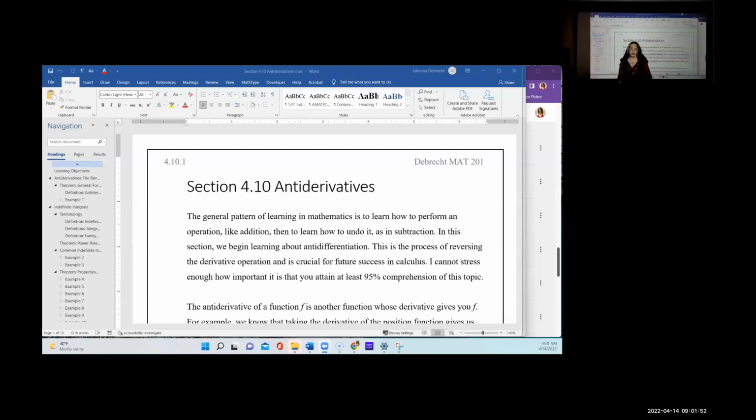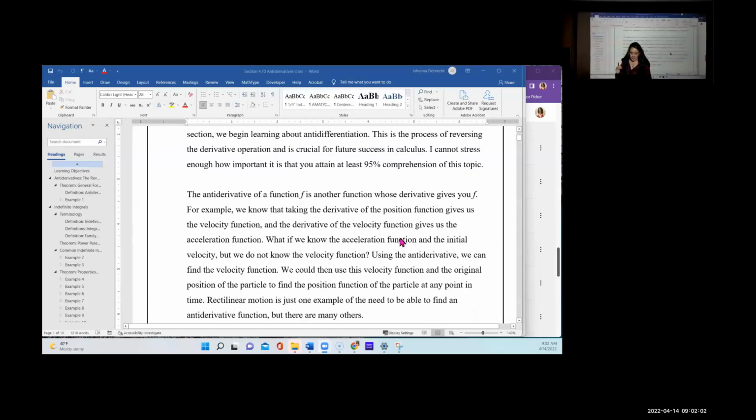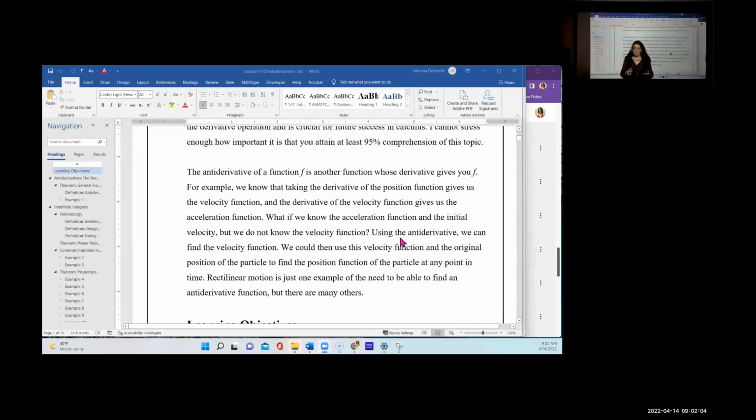So an antiderivative is the undo operation for a derivative. Now, when would you maybe want to do something like this? For example, you might have a position function, a velocity function, and an acceleration function. But in the beginning, you're not given the position function at all. Instead, you're given the acceleration function and a point on the initial velocity.